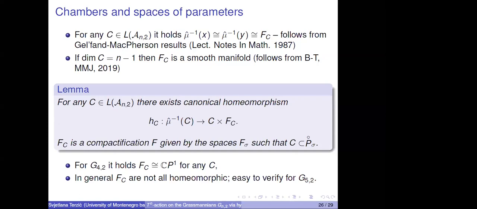For different chambers C, the pre-images are not homeomorphic. We proved that the orbit space G_{4,2}/T^4 is just the sphere S^5, while the orbit space G_{5,2}/T^5 is a rational homology sphere S^8, but it is homotopy equivalent to a much more complicated space.